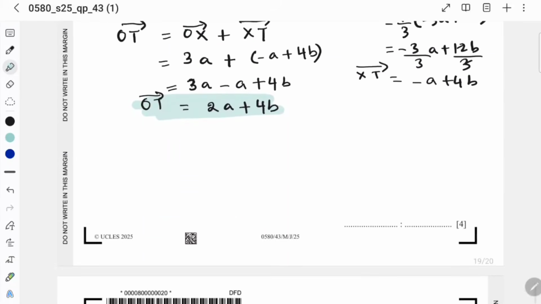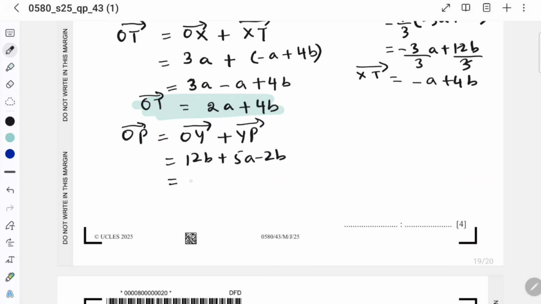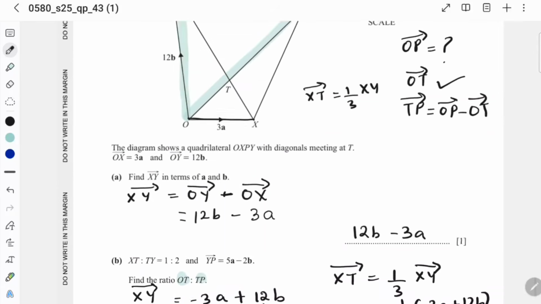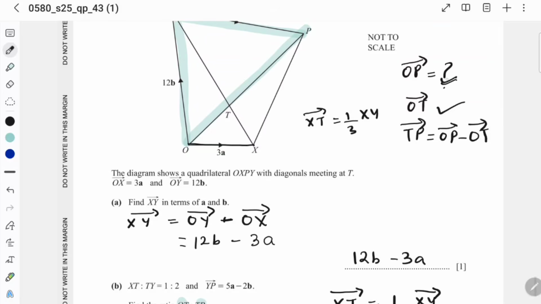So OP is 12b plus 5a minus 2b. This is 5a, and 12b minus 2b is plus 10b. So OP is 5a plus 10b.